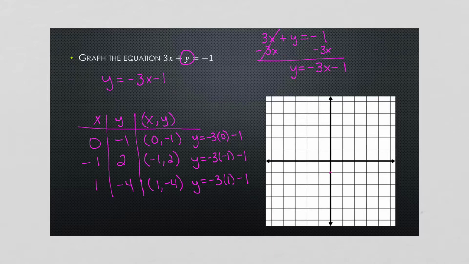Okay, so 0, negative 1 is right here. Negative 1, 2, left 1, up 2 is right here. And 1, negative 4, that means right 1, down 1, 2, 3, 4. Okay, and those look like they line up in a line.